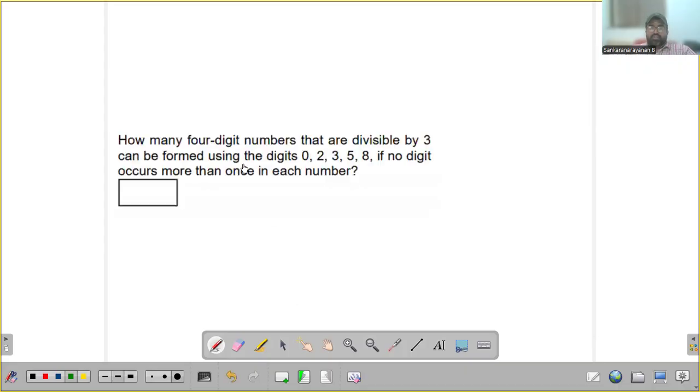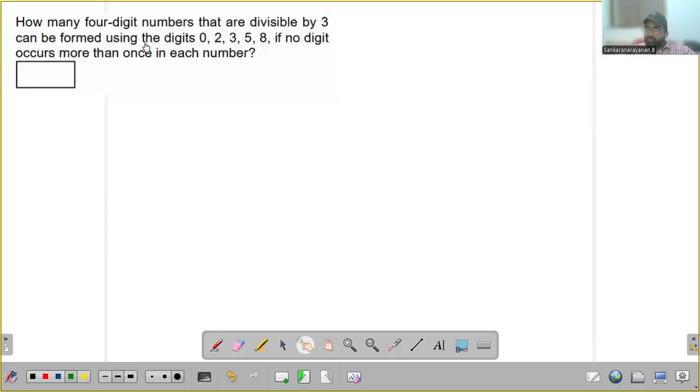Take a look at this question. How many 4-digit numbers that are divisible by 3 can be formed using the digits 0, 2, 3, 5, 8 if no digit occurs more than once in the number? So the first thing that you have to understand is what is the condition for a number to be divisible by 3?